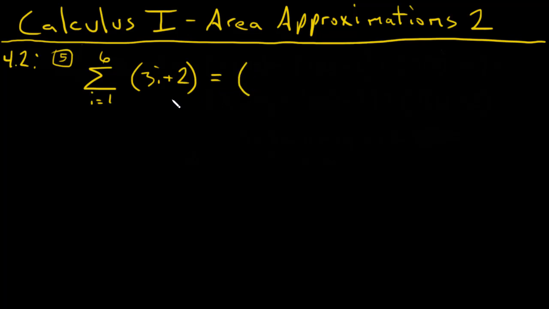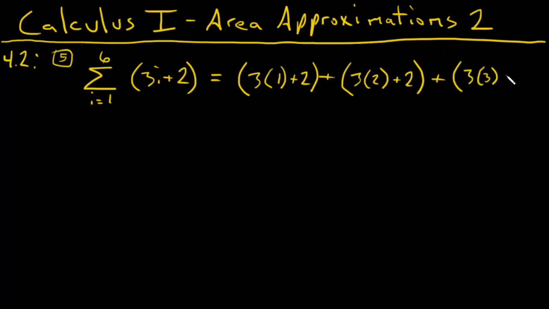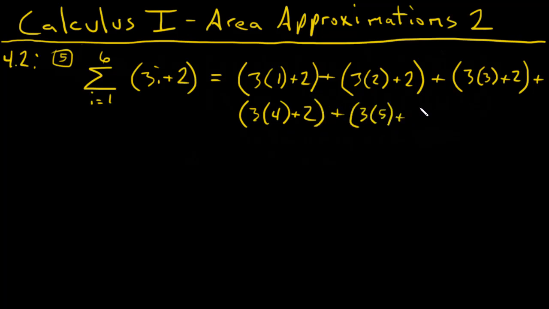Well, i is going to start with 1, and so we're going to get 3 times 1 plus 2, plus, it's going to increment, so it'll become 2, so 3 times 2 plus 2, plus 3 times 3 plus 2, plus 3 times 4 plus 2, plus 3 times 5 plus 2, plus 3 times 6 plus 2.